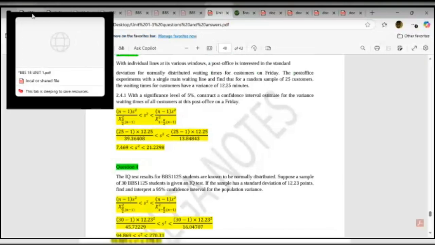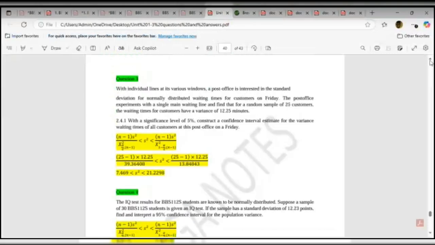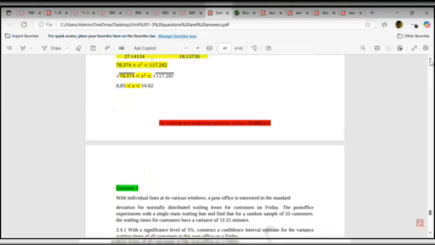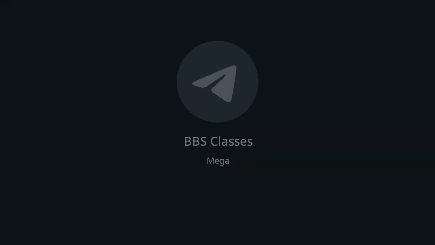So I'll explain with all these 4 questions. When the question says find variance, and then in that question there is the word confidence, the first thing you need to do is write down this formula you are seeing here.